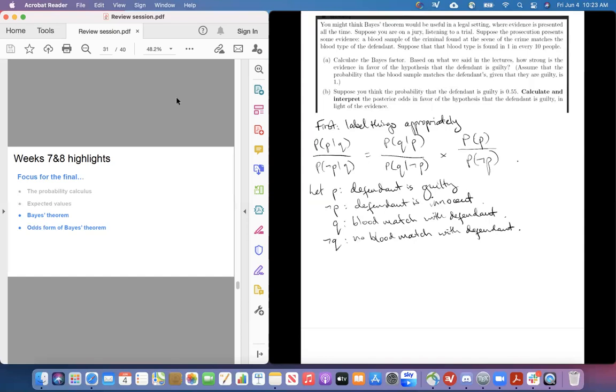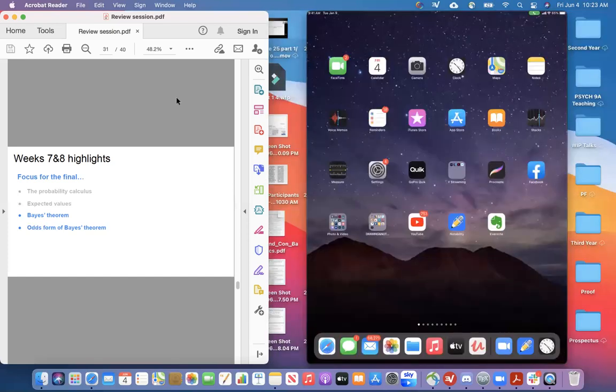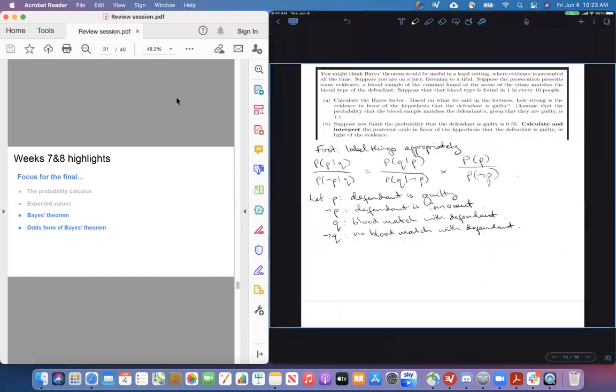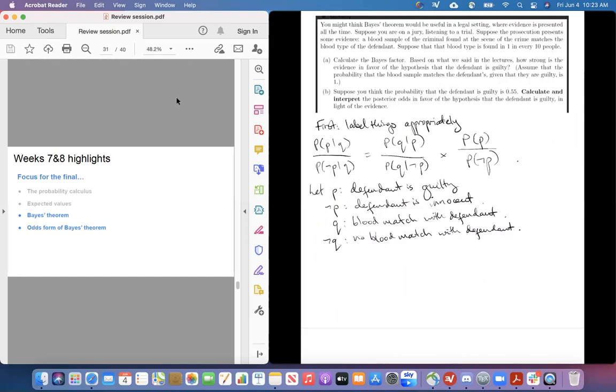And remember, in the videos, I went through a table of how you do this and organize this information. Okay, the table looks like this. We had our hypotheses.